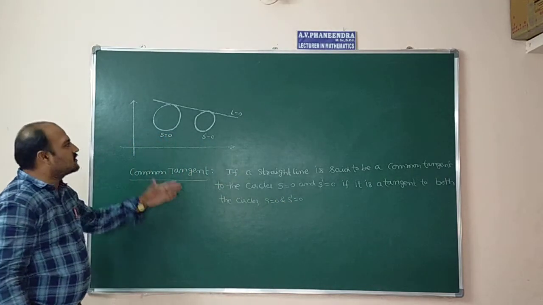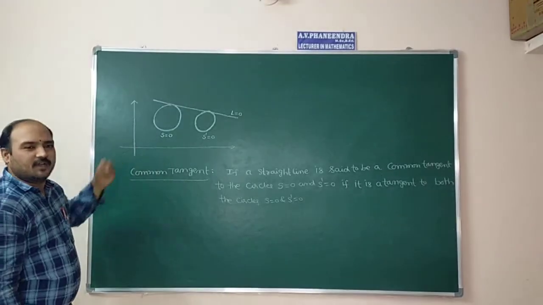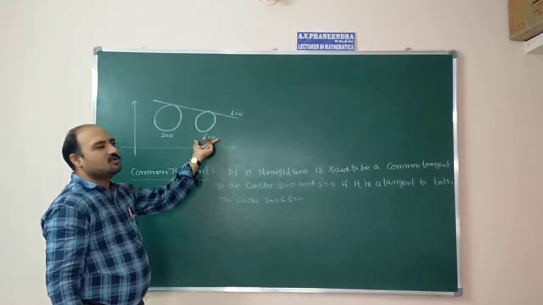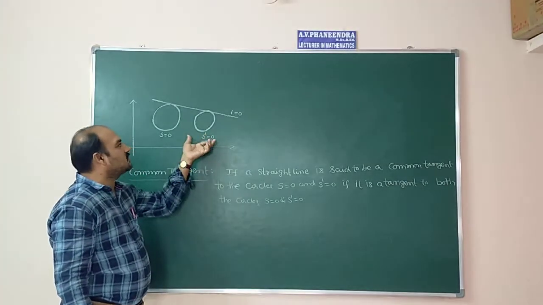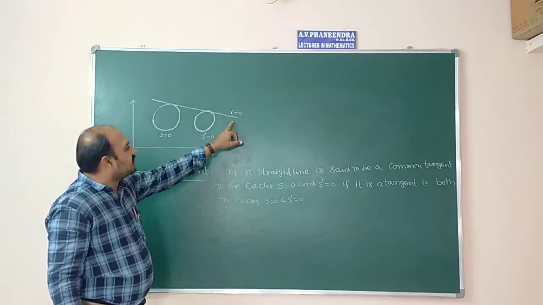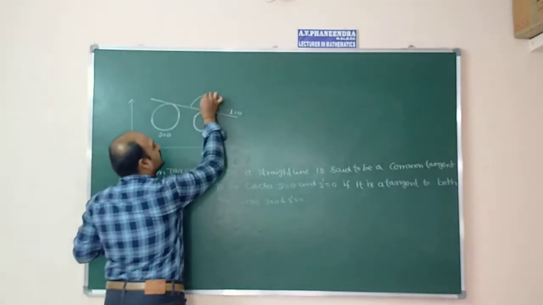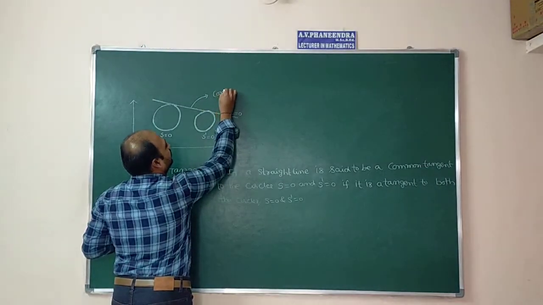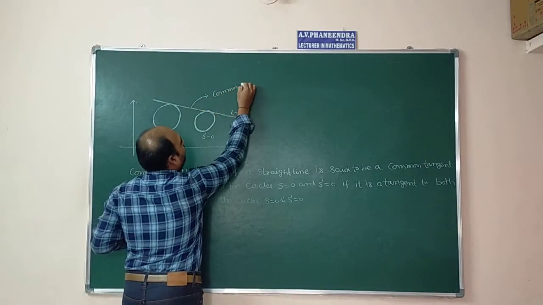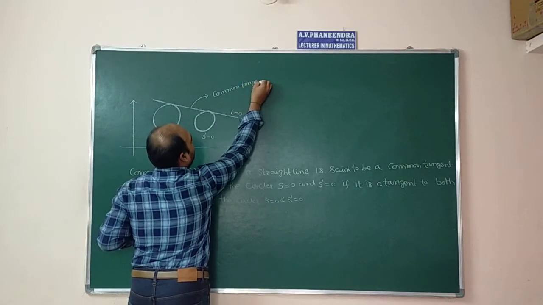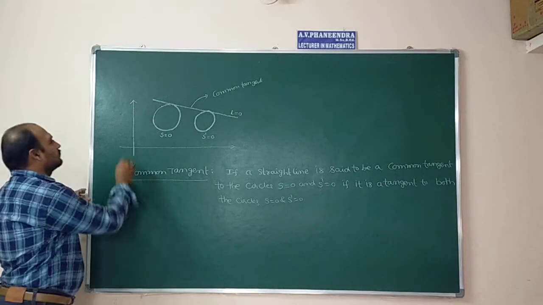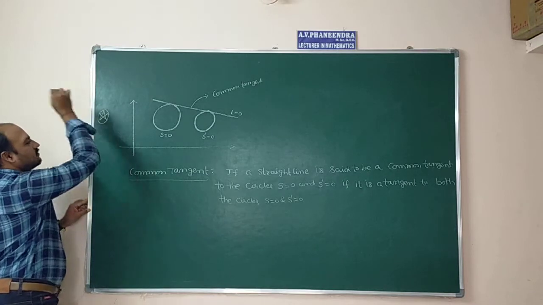We observe this in the diagram. S equal to 0 and S dash equal to 0 are both the circles and line L equal to 0 is touching this circle as well as this circle. So this line L is called common tangent. This is the first concept.